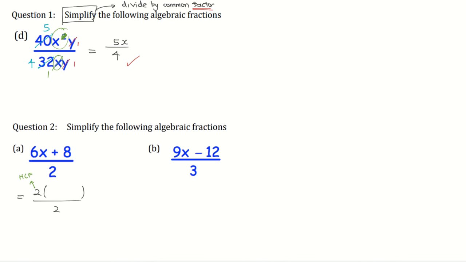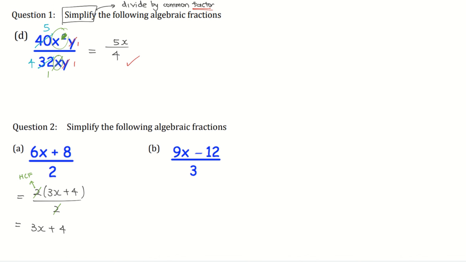So what's in the bracket? It will be 3x plus 4. Now that I have a common factor in the top and the bottom, the common factor is 2, I can cancel out the 2, which will give me 3x plus 4. Okay, and 3x plus 4 is in the bracket. So we are done with this question.